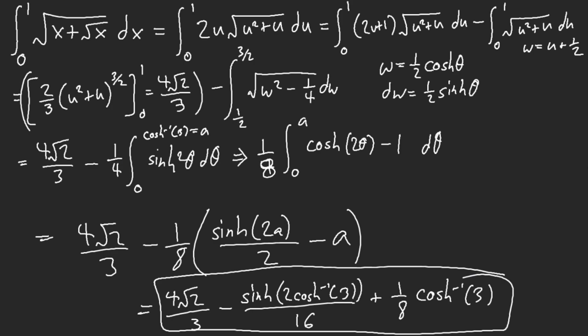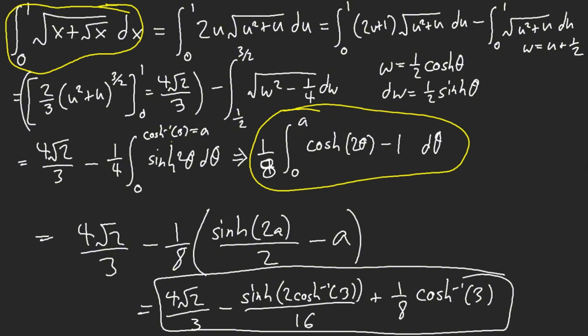And then because I did this so many times, I was like, okay, I've repetitively done this so many times, I'm going to skip steps. This is equal to this. Or I'm sorry, 4 root 2 over 3 minus this sinh squared integral, if this helps me memorize.